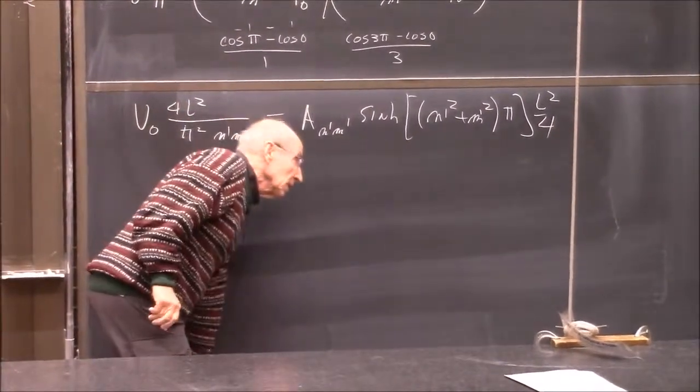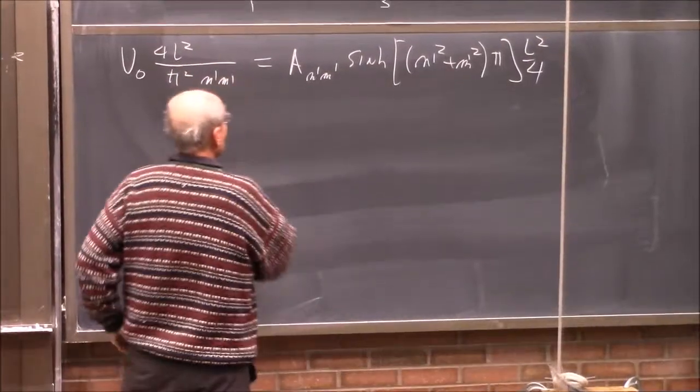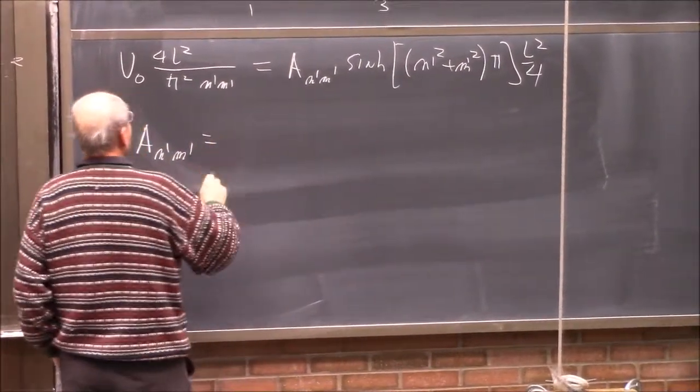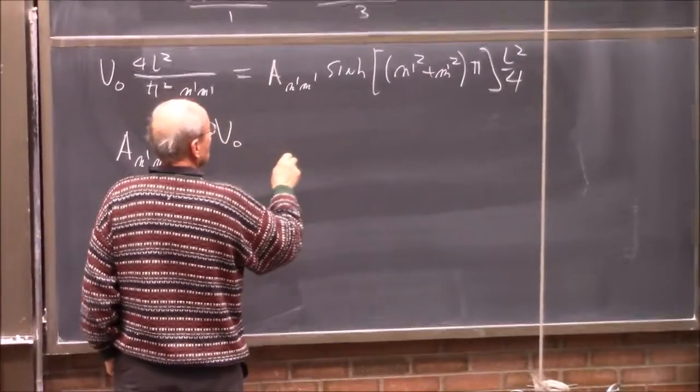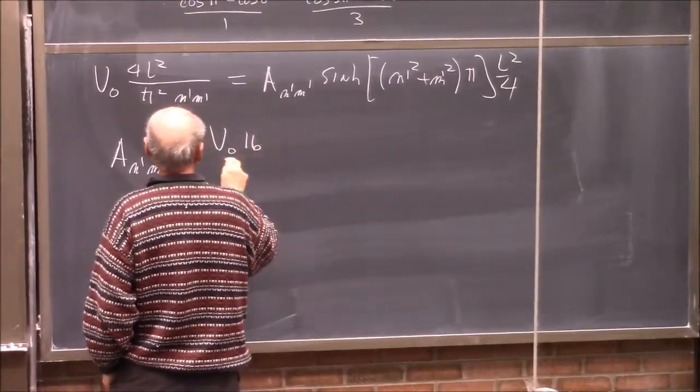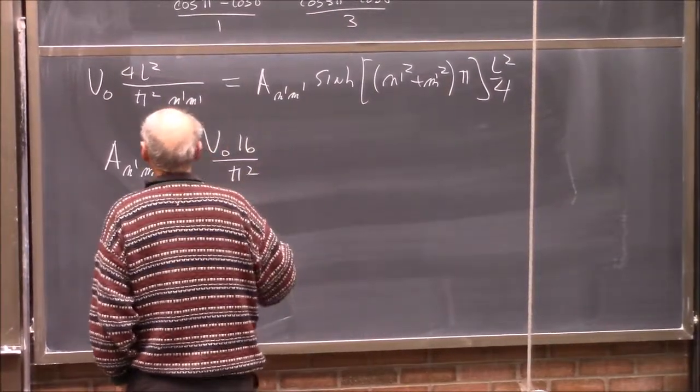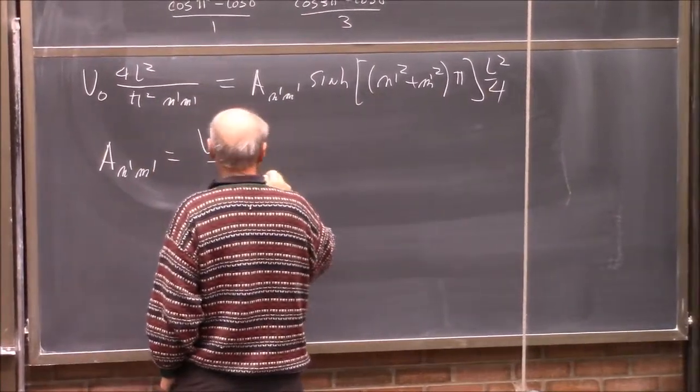So we can now solve for a n prime, and it is equal to v0 times 16. The pi squareds are here. The L squareds cancel out.